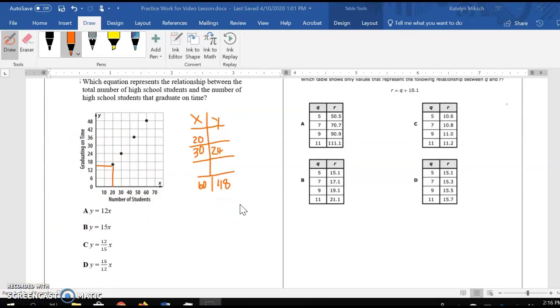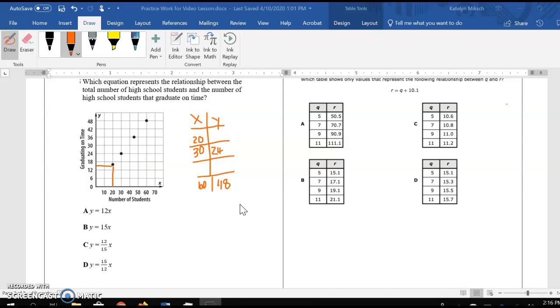Okay, and because I'm given answer choices in this situation, I don't have to rack my brain to try to figure this out. Looking at my answer choices, they're telling me I can multiply by 12/15 or a fraction, 12/15 or 15/12.